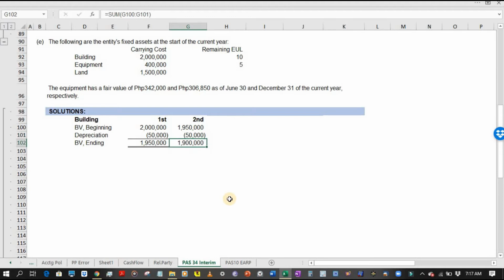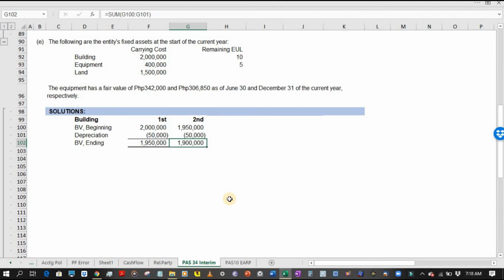So the depreciation expense that will appear in the non-cumulative income statement, which will cover the second quarter from April to June, is 50,000 pesos. And in the statement of financial position as of June 30 of the current year, the net book value of the building is 1.9 million pesos. So let us proceed to the third quarter.